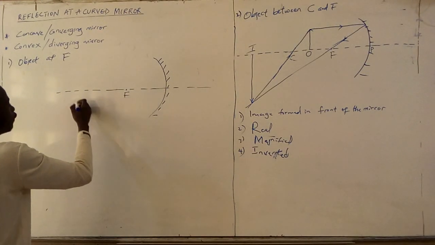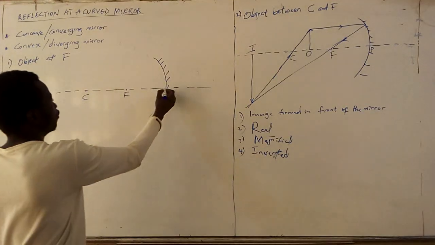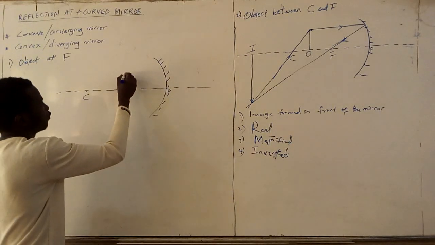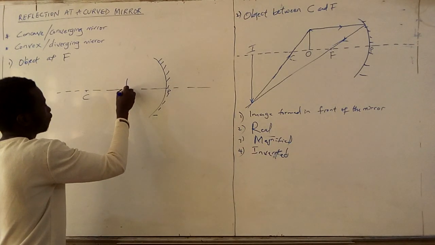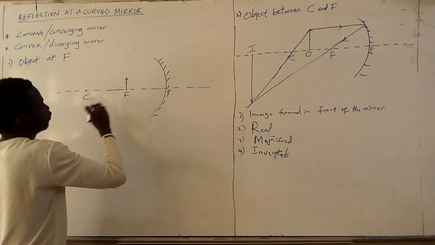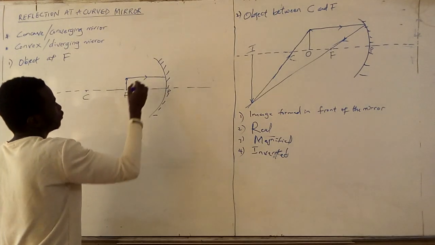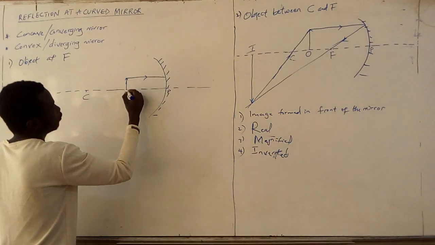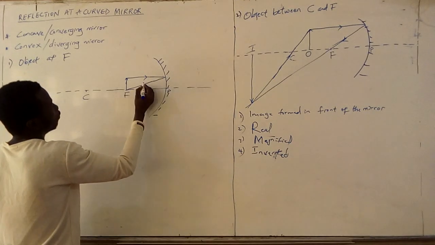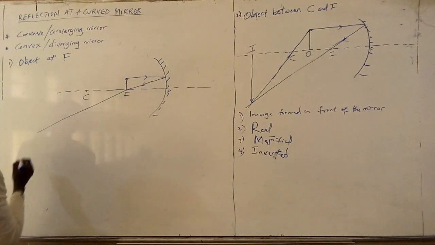So I have F and this is C. Now we want to look at object placed at F. So I'm going to have a ray in this direction, then it will be reflected this way.